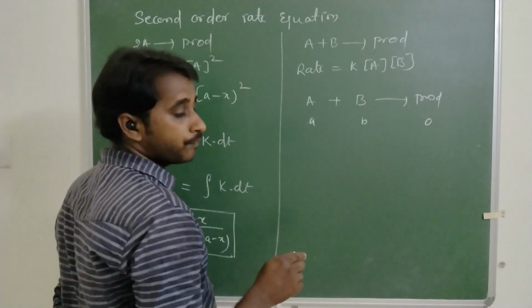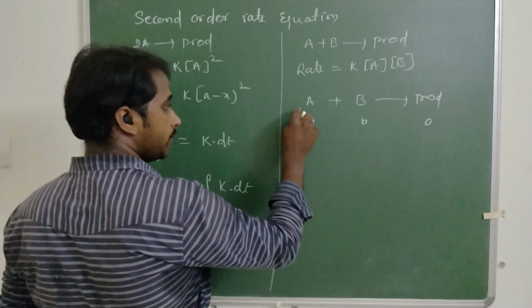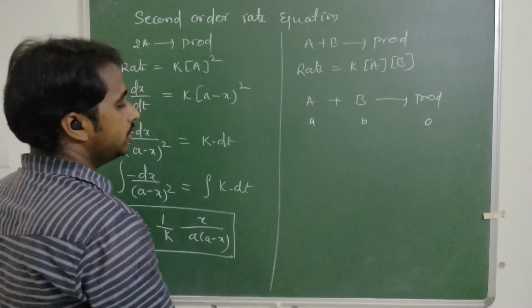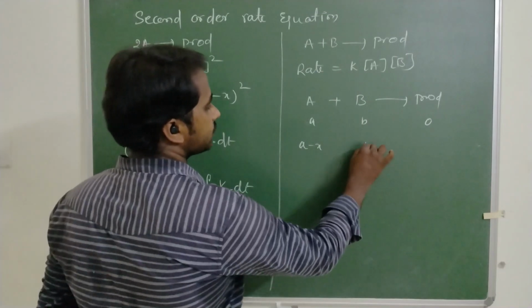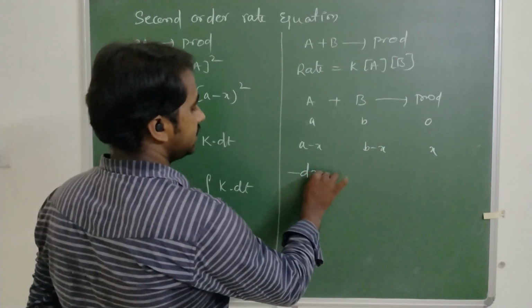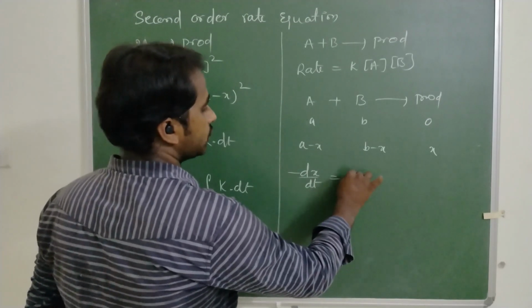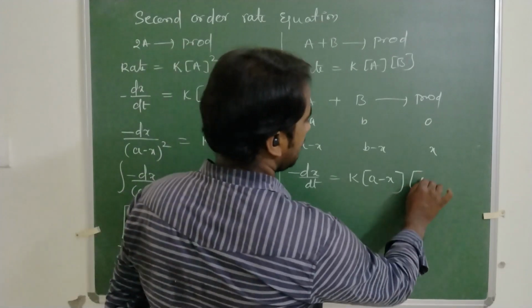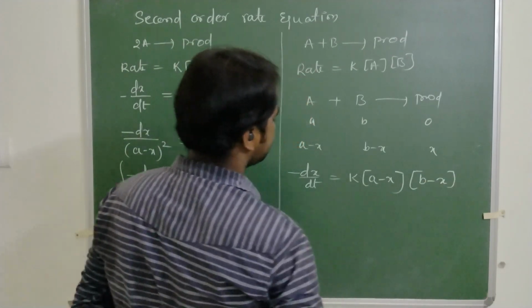After t seconds, x is consumed from A and the same x is consumed from B, so A becomes a minus x and B becomes b minus x. Now the rate dx by dt is equal to k into concentration of A, which is a minus x, and concentration of B, which is b minus x.